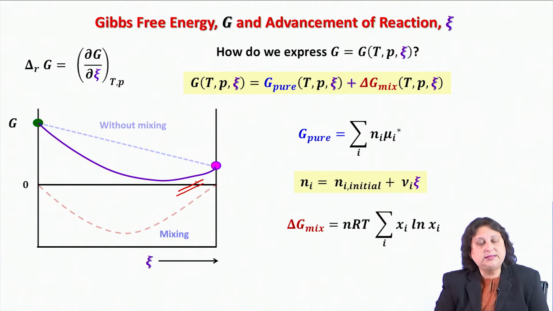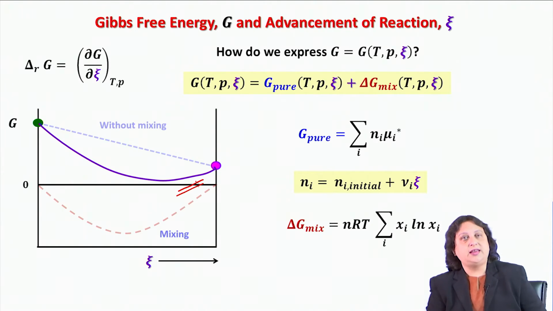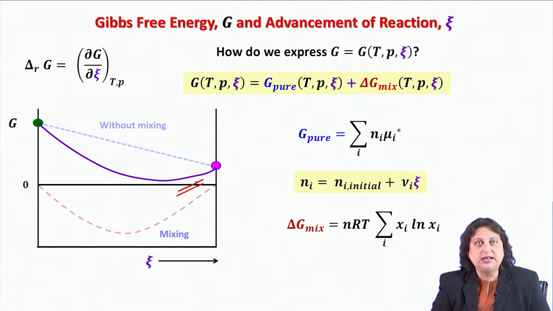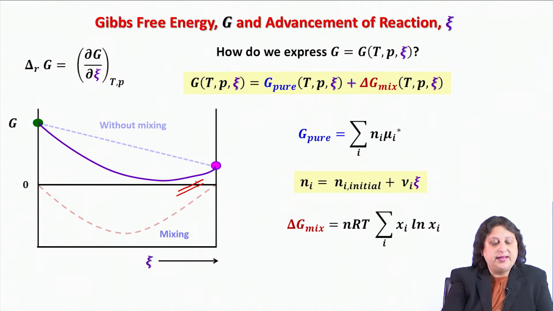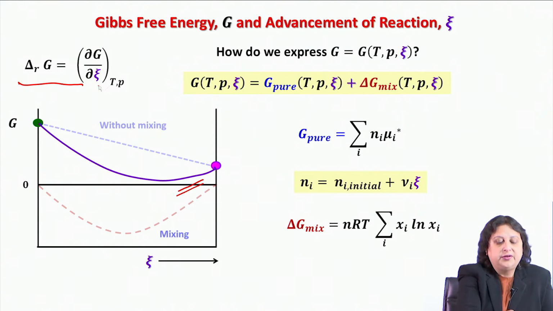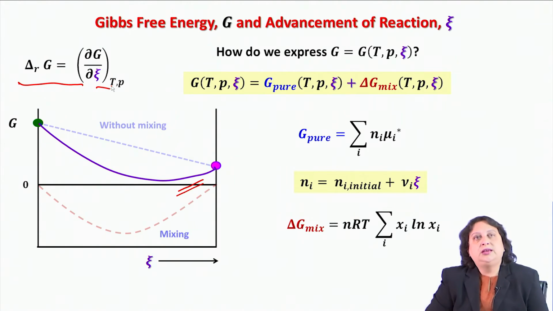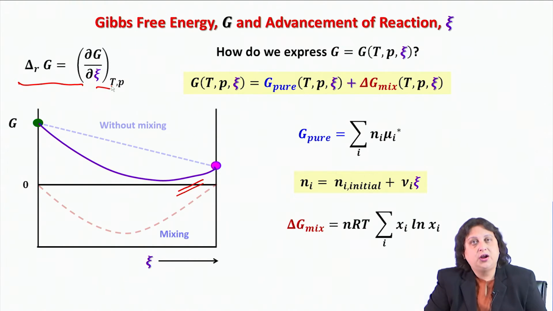And this dependence of G on xi is very, very important in understanding the relevance of the Gibbs reaction energy in predicting the direction of spontaneity and the condition of equilibrium for a given chemical reaction.